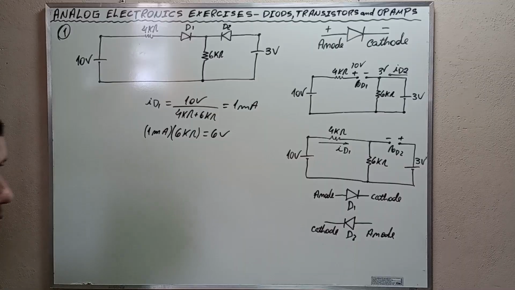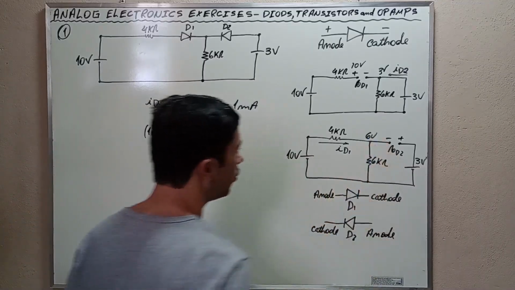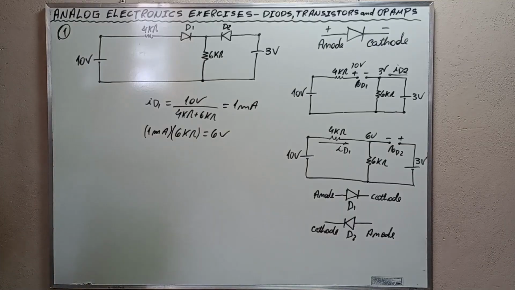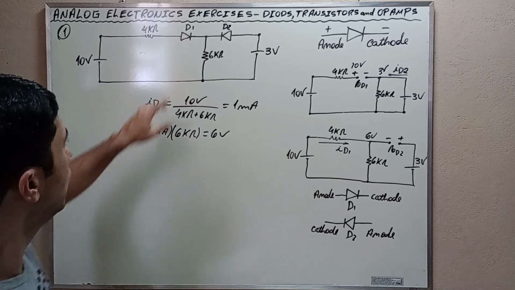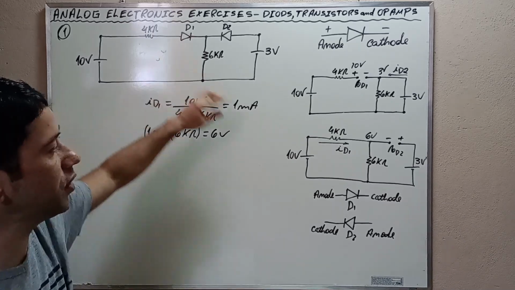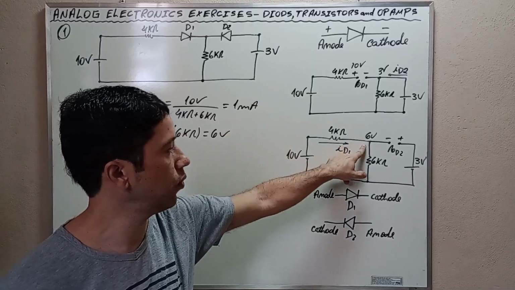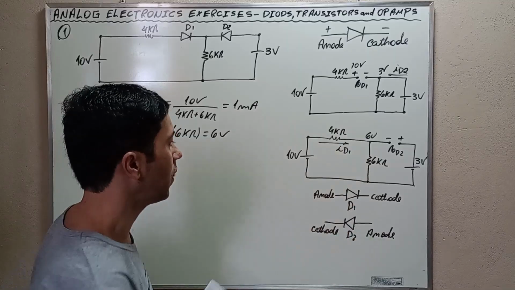We have here 6 volts. Okay? And this is consistent with the situation in which D1 is conducting, because here we have 10 volts and here we have 6 volts.